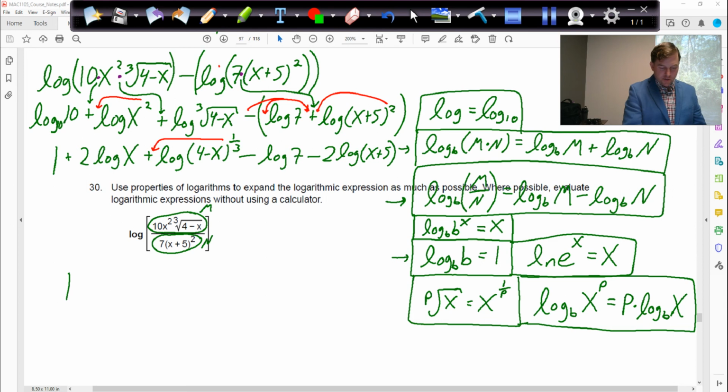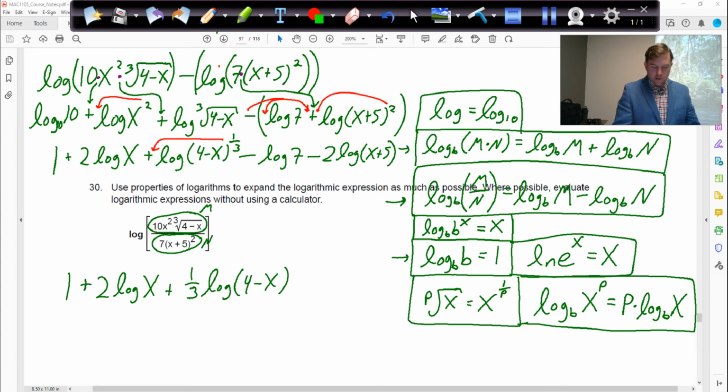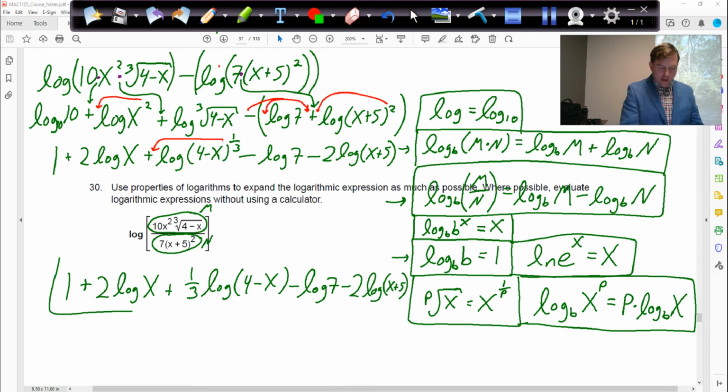Our final answer should be 1 plus 2 log x plus 1/3 log 4 minus x minus log 7 minus 2 log x plus 5. And that would be the final answer.